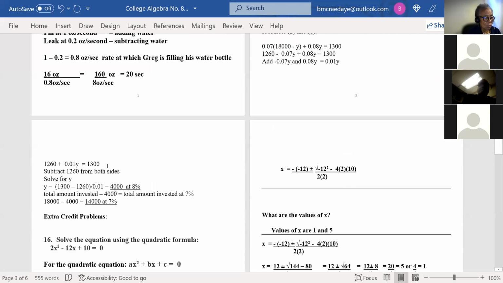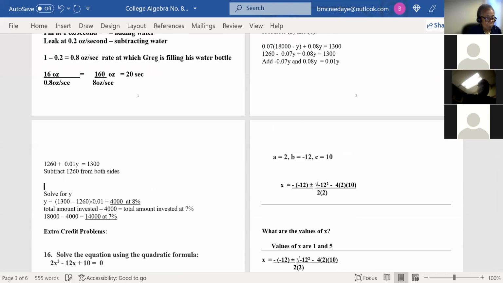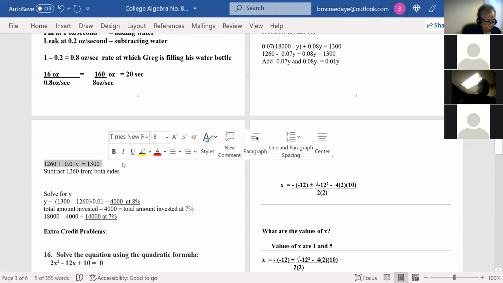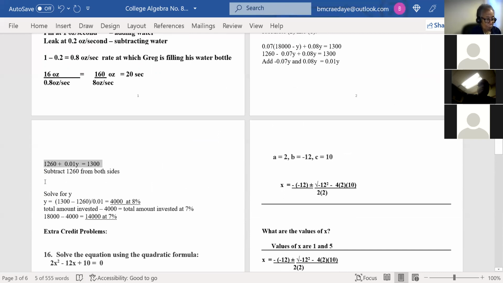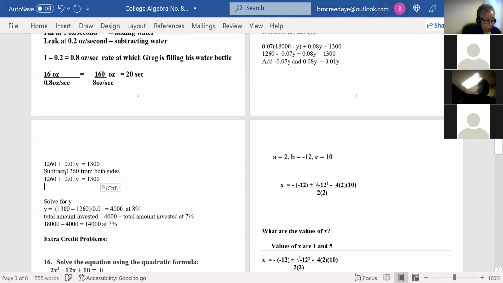So I subtract 1260 from both sides. Let's just do that. Copy this over and subtract the 1260. So this is minus 1260 on the left, and then on the right, minus 1260.